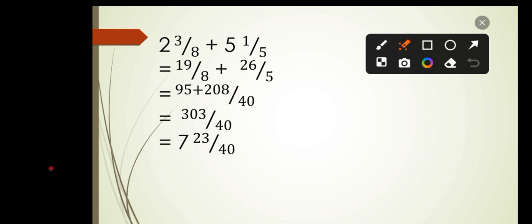Now that the LCM is 40, we use the denominators of the fractions to divide the LCM. This 8, the denominator, into this 40 will give you 5. 5 times this 19, the numerator, will give us 95.